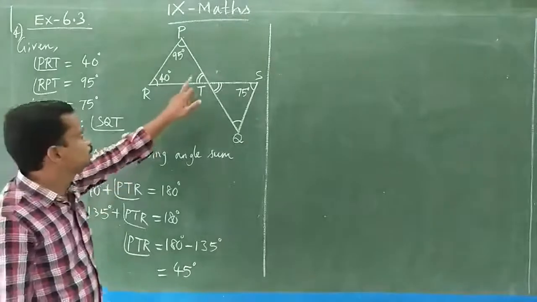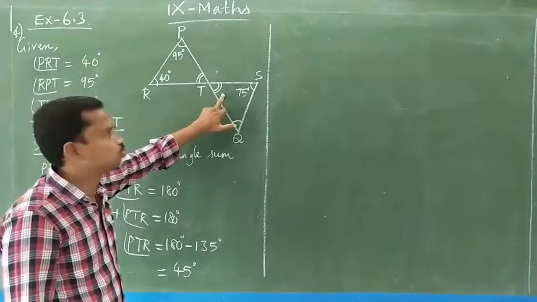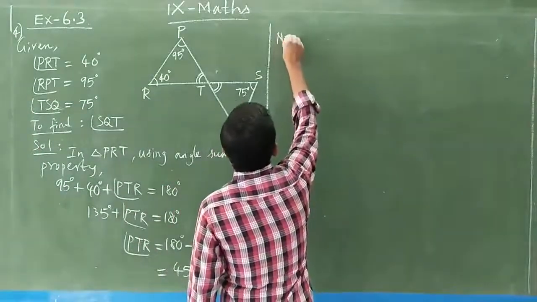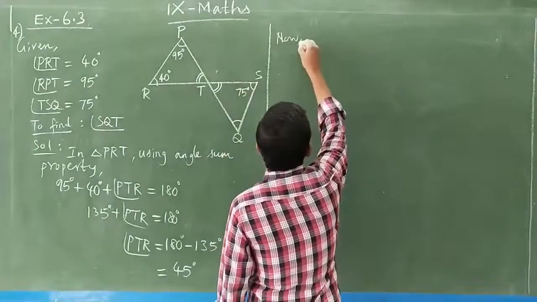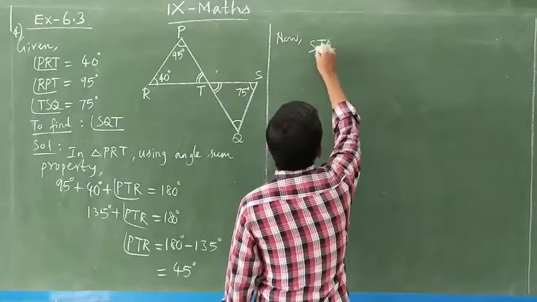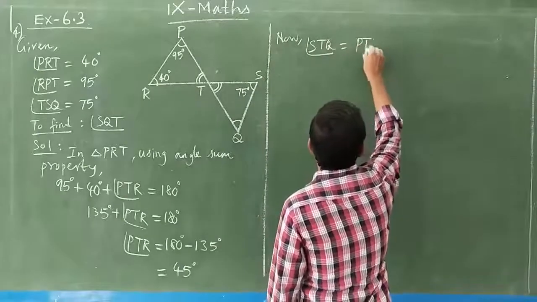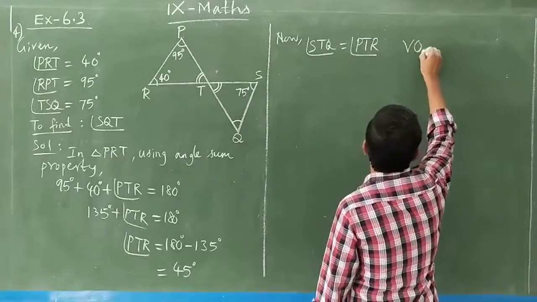So therefore, if this is 45, then this is also 45, vertically opposite angle. So now angle SPQ is equal to PTR. We can write like this because of VOA.